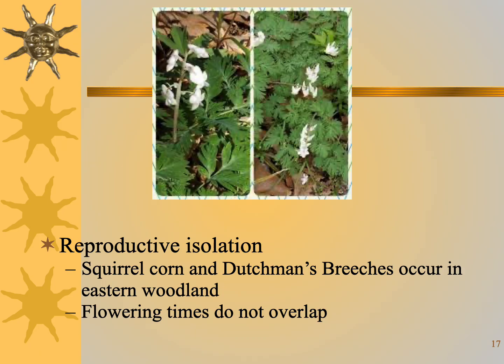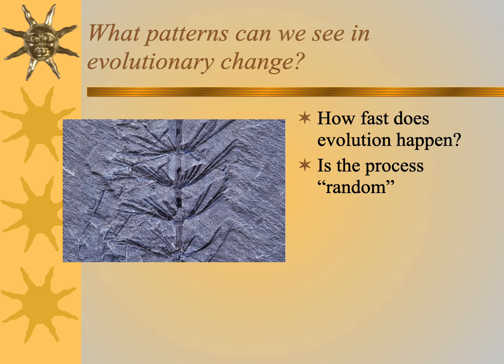And so squirrel corn and Dutchman's breeches, even growing in the same habitat, can't interbreed because the flowers develop at different times. So it's a good example of somehow they were separated and they developed this different timing. And when they came back together, that didn't matter. They weren't going to interbreed.